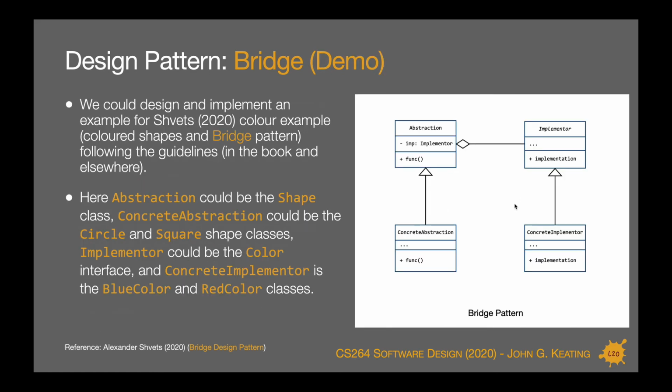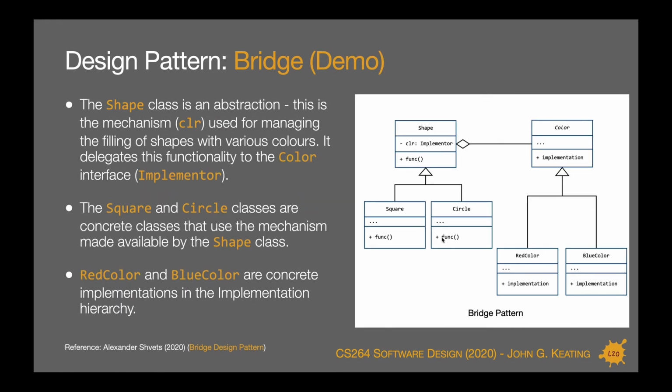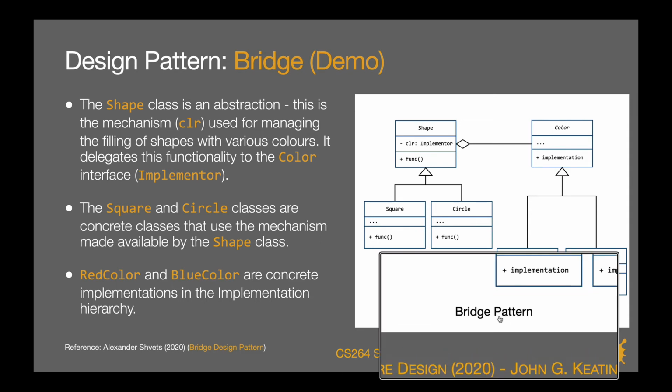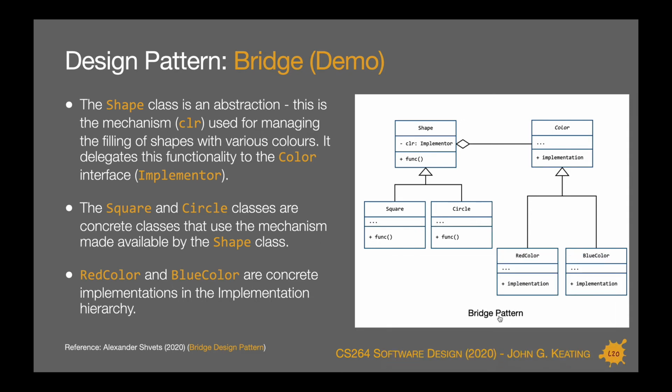But ultimately, if we had squares, circles, triangles, rectangles, and lots of different colors, then the number of classes would certainly be reduced. So this is a better way to design than we had done previously, or could have done previously.